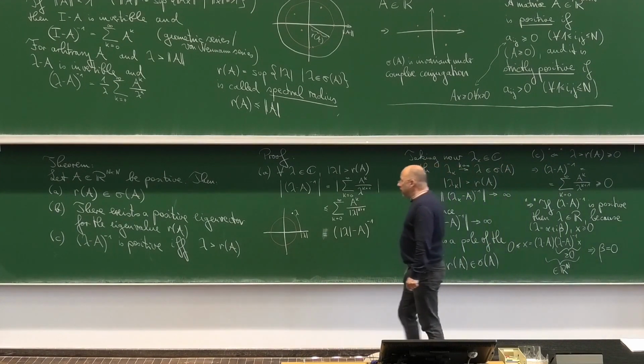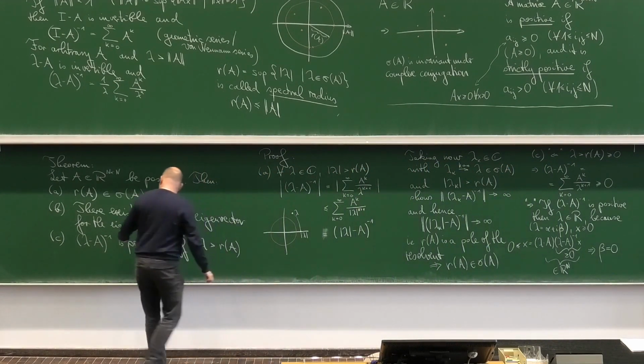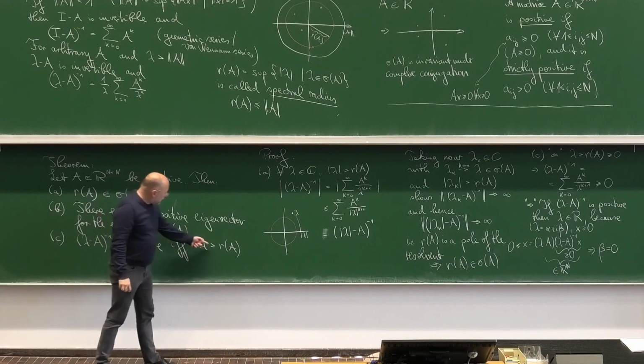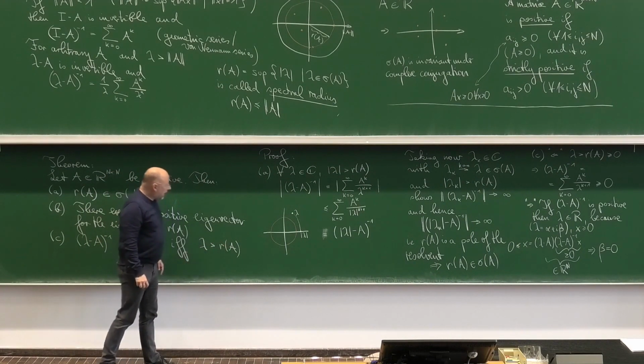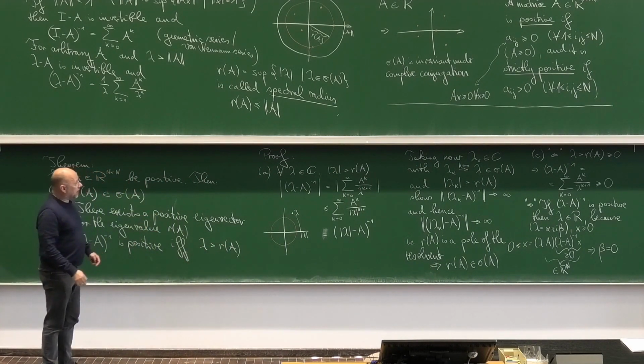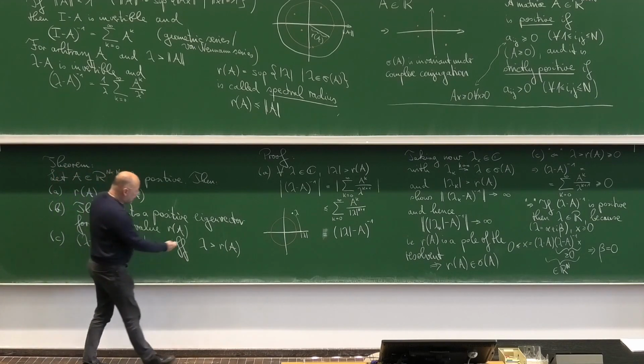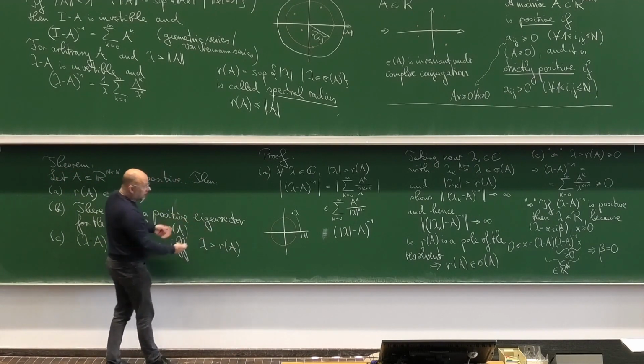Now there are two possibilities. Lambda cannot be equal to the spectral radius because the spectral radius is an eigenvalue. If it is larger than the spectral radius, then we are done.